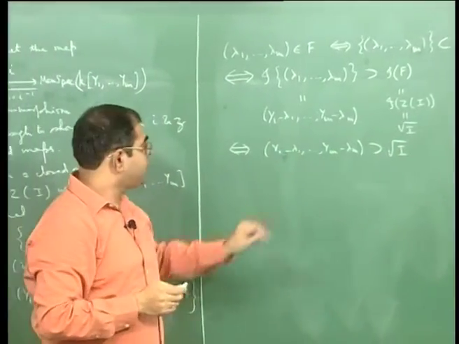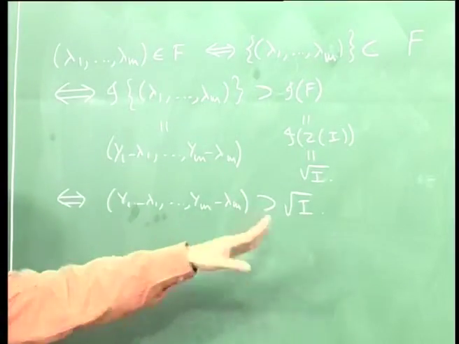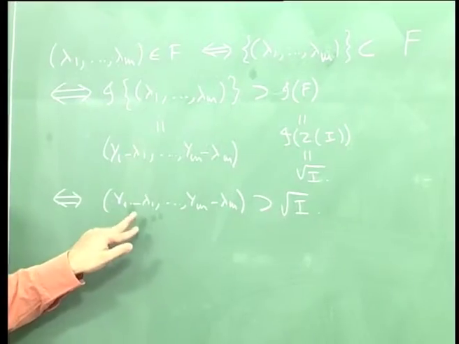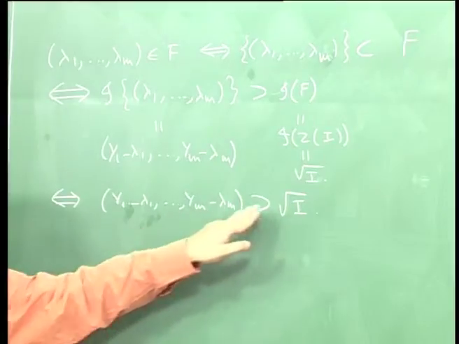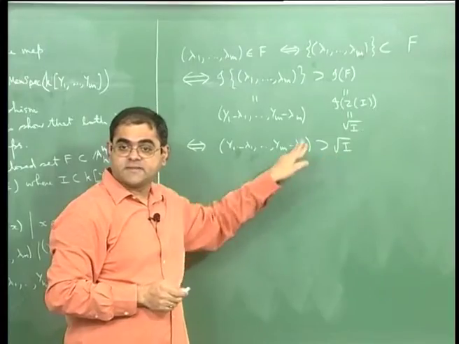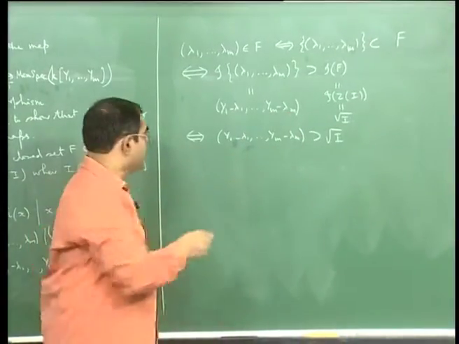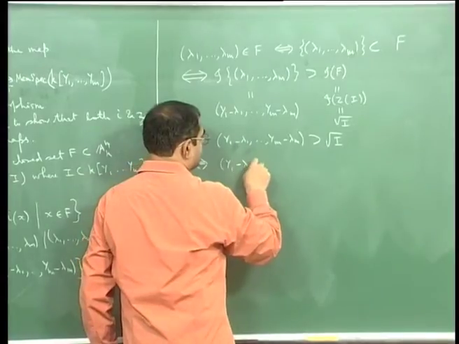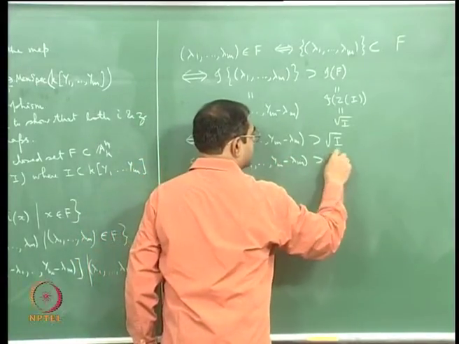But you see, this is equivalent to saying that this contains I, because if one ideal contains another, then the radical of that ideal contains the radical of the other. So this is equivalent to saying that (y1 minus lambda 1, ..., ym minus lambda m) contains I itself.